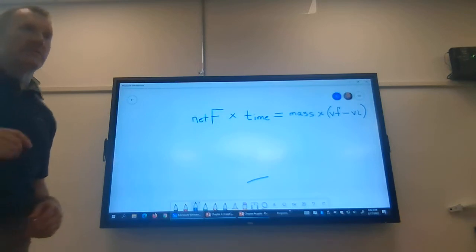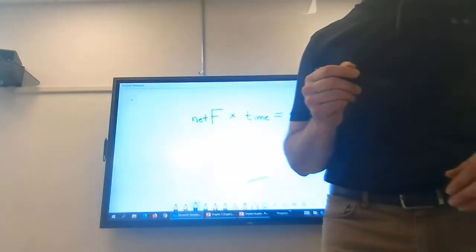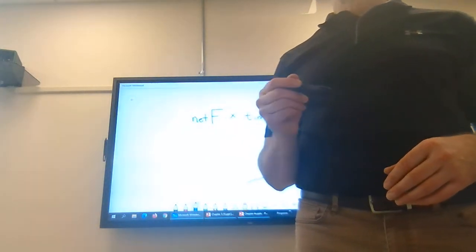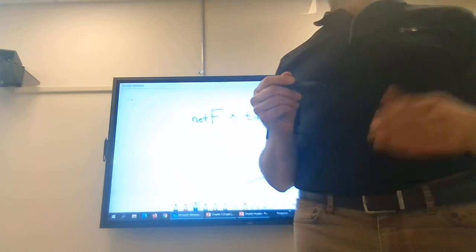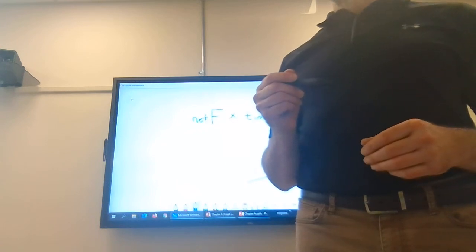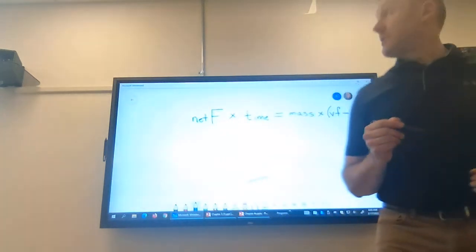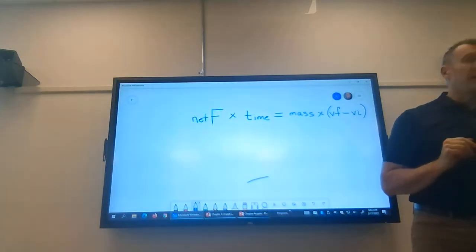So Newton's second law tells us that the net force is proportional to mass times acceleration. That's instantaneous acceleration. So the instant we have a net force, we have an instantaneous acceleration. So more often in sports, it's force that is applied over a period of time.